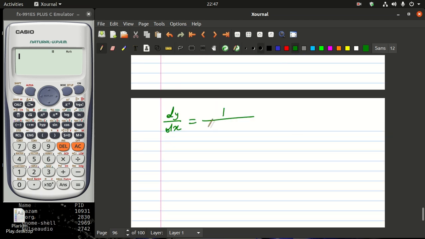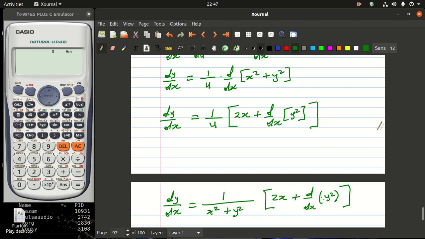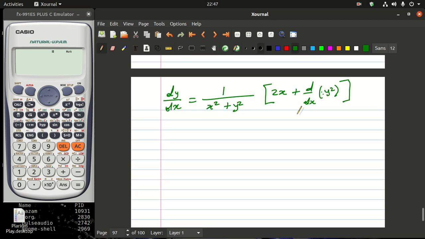And then inside here, I have my 2x plus the derivative with respect to x of y squared. If you look into this, this y here is actually a function f of x. So I have a function that is sitting inside here.